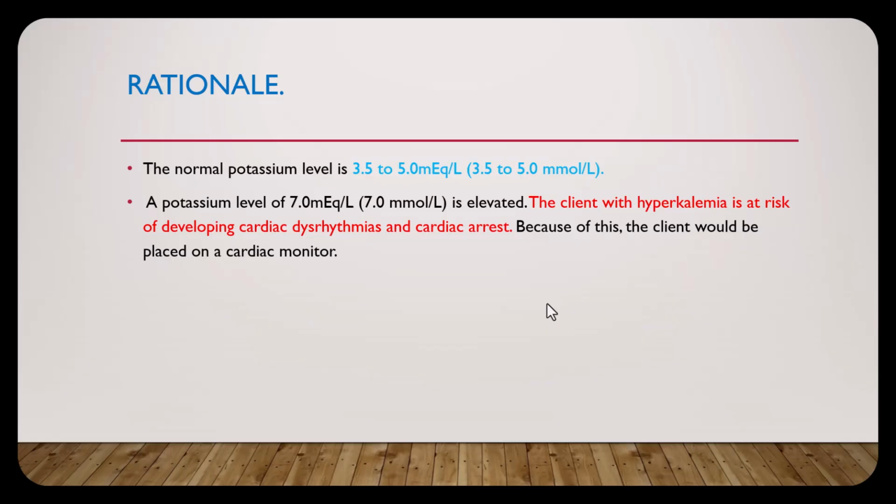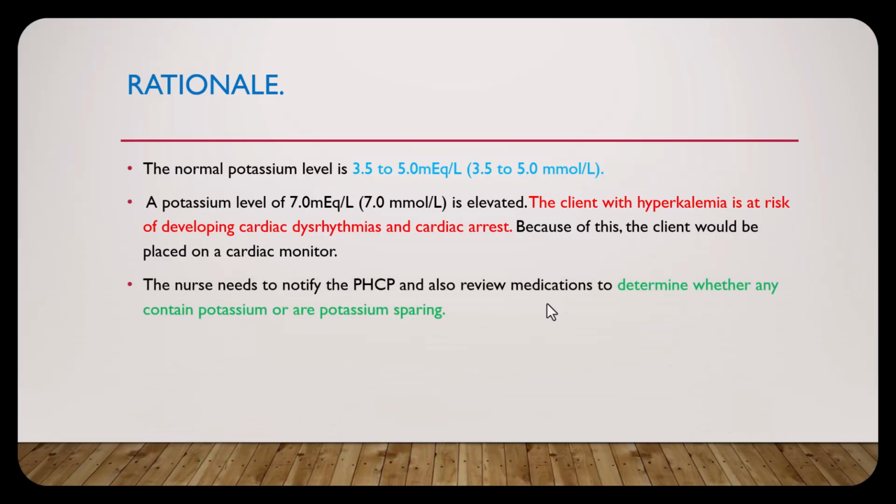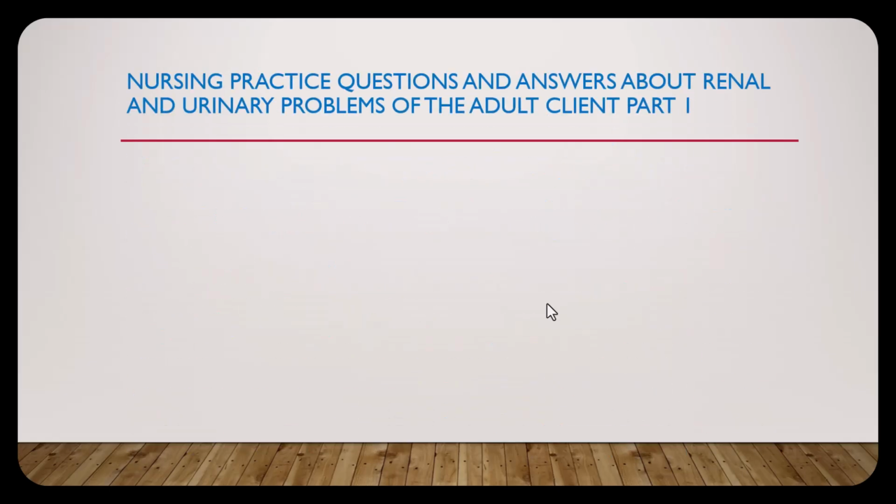Because of this, the client will be placed on a cardiac monitor. The nurse needs to notify the primary healthcare provider and also review medications to determine whether any contain potassium or are potassium sparing. Now let's move to the second question.